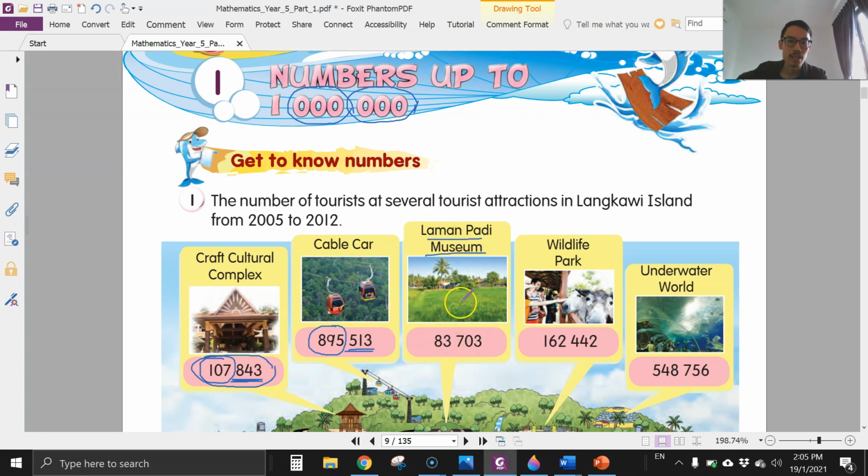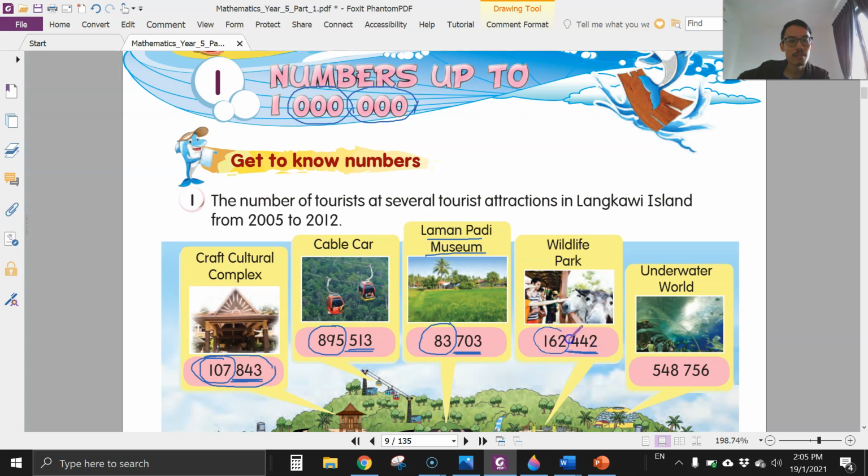How do we read these numbers? Again, underline 3 numbers. Gariskan 3 angka belakang. Itu ialah ribu. That is 1,000. So you read this one as 83,000. Next, underline these 3 numbers here. 3 angka belakang ialah ribu.